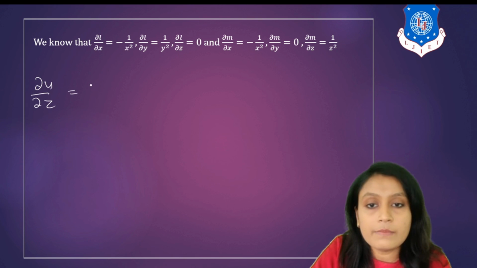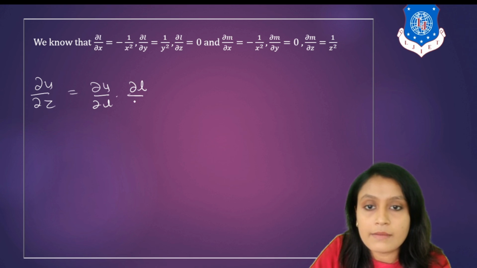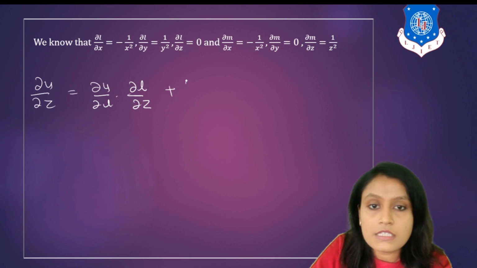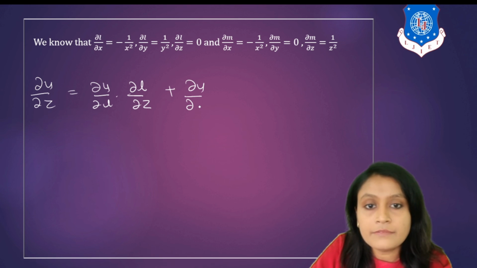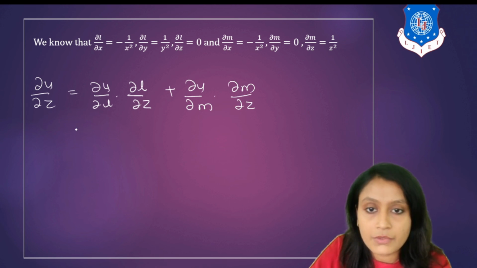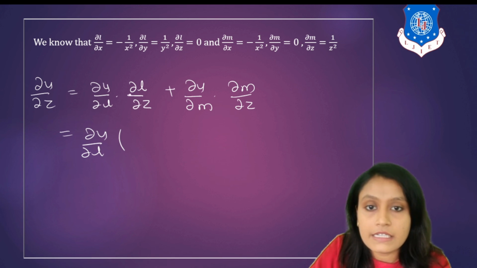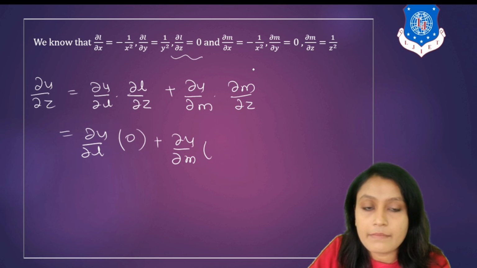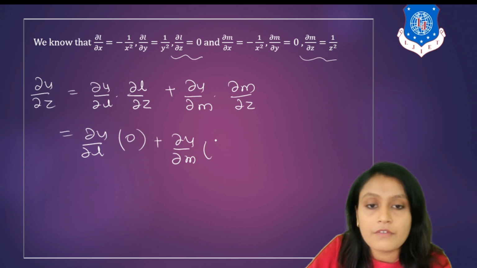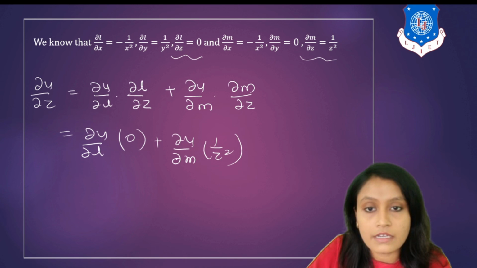Okay, now next we have to find del u by del z. So the chain rule will be del u by del L into del L by del z plus del u by del M into del M by del z. Again, keep this del u by del L as it is. Del L by del z is 0. Plus del u by del M as it is, and del M by del z is what? 1 upon z². Correct?